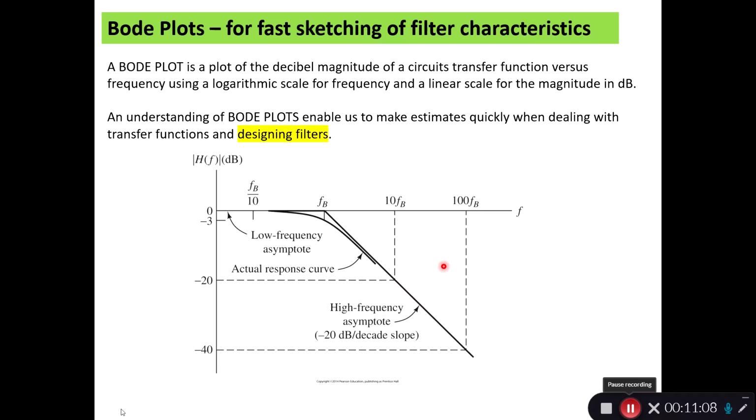So this is the typical response of a low pass filter, that from the break frequency, 10 times the break frequency and 100 times the break frequency, we know exactly at this point here we will have minus 20 dB, and at 100 times the break frequency we will have minus 40 dB because the slope is minus 20 dB per decade of this filter.